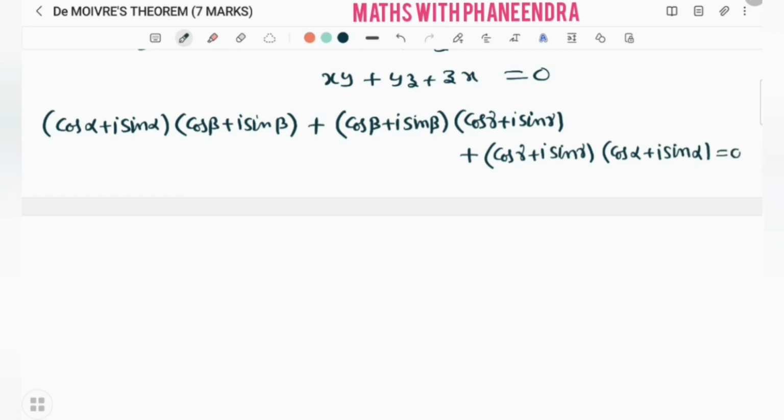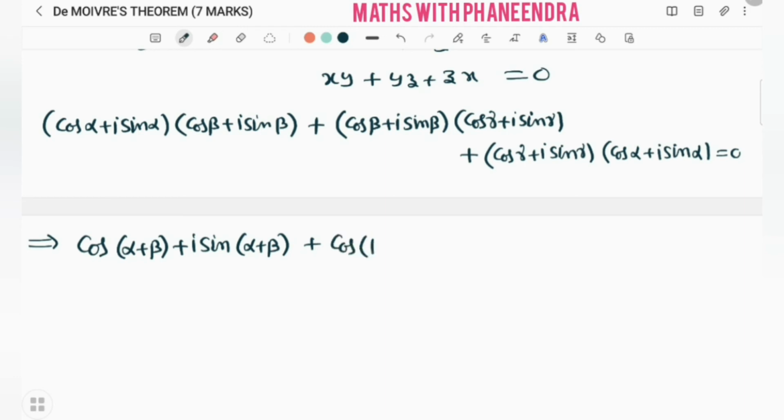In the previous question we discussed that for the product of complex numbers, the sum of the angles goes into cos and sin. So here also, cos alpha plus i sin alpha into cos beta plus i sin beta is cos of alpha plus beta plus i sin of alpha plus beta. Similarly, we can write all the rest of the terms.